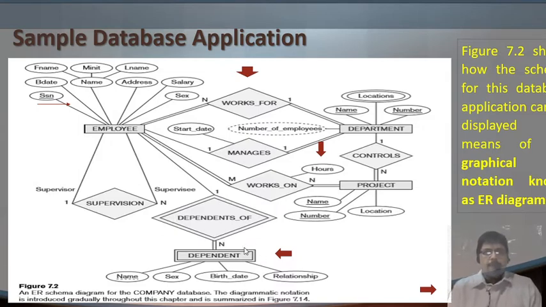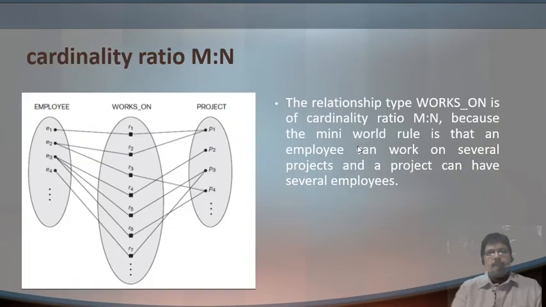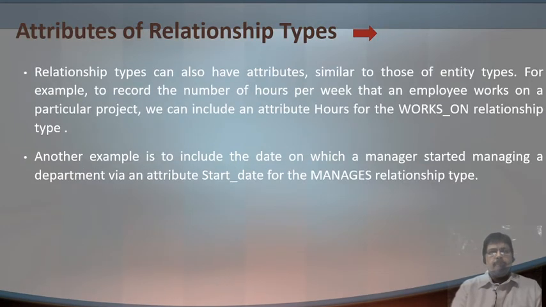It is given in a double box rectangle, right? So when you specify such an entity, it is called a weak entity. Now exactly what is a weak entity? We have to understand what is meant by weak entity.